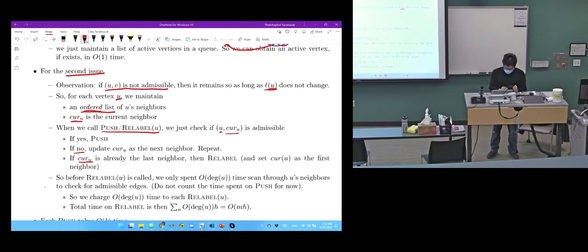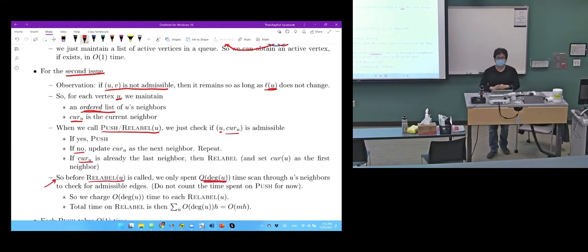To conclude, it means that each time relabel is called at u, before you increase the level of u, the total time that you spend looking for an admissible edge is the degree of u.